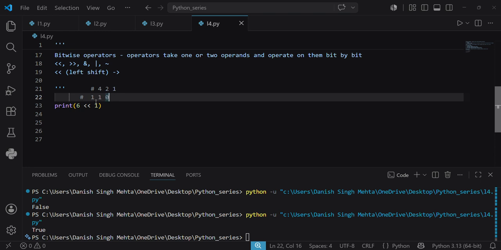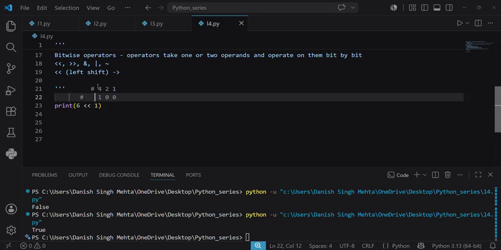When we do this, the leftmost bit is removed. So now we got our final value. When we see that the place below 1 is empty, we just put 0.